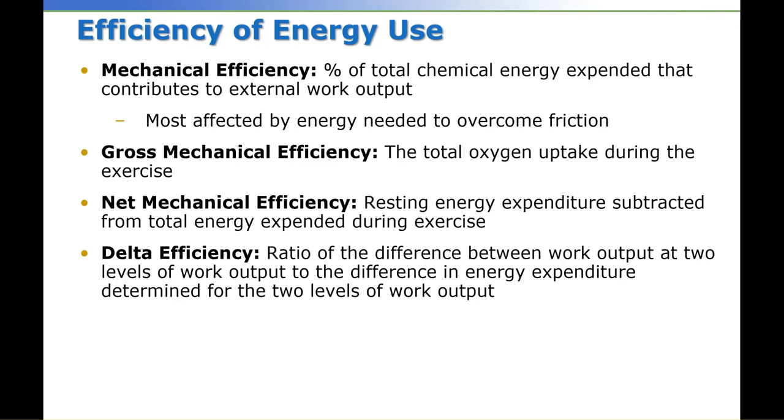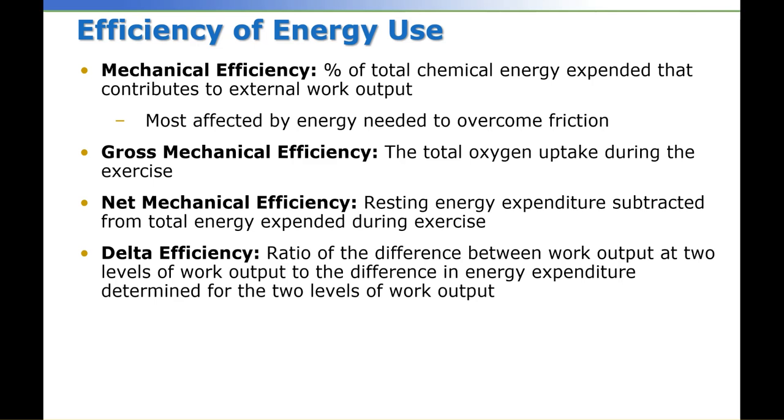Efficiency of energy use. Mechanical efficiency is the percentage of chemical energy expended that contributes to external work output, most affected by energy needed to overcome friction. Gross mechanical efficiency is total oxygen uptake during the exercise.